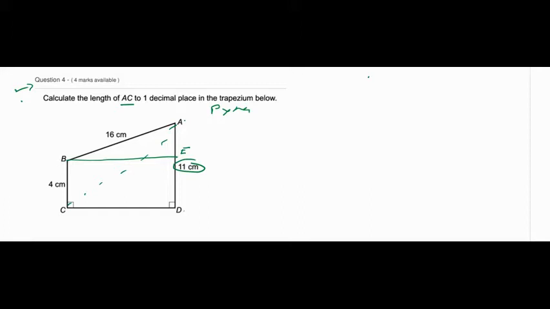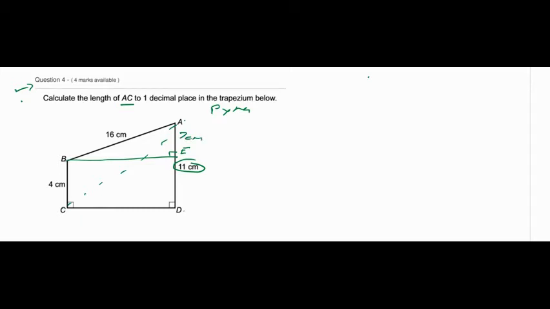Now if we focus on the triangle ABE, we're given the length AB, we can work out the length AE, because if BC is 4 centimetres, then AE is 11 minus 4 centimetres, which is 7 centimetres.